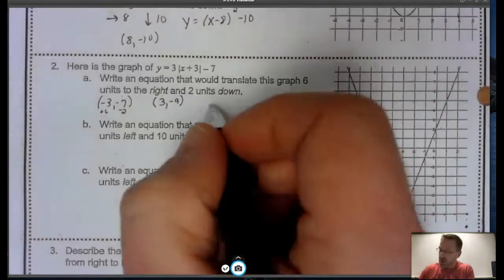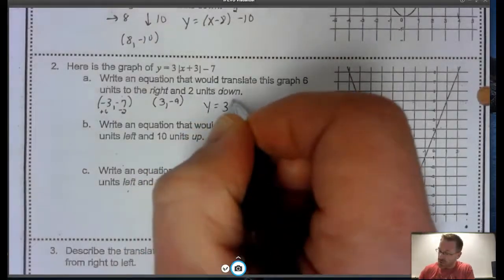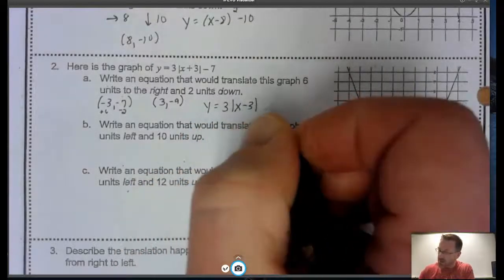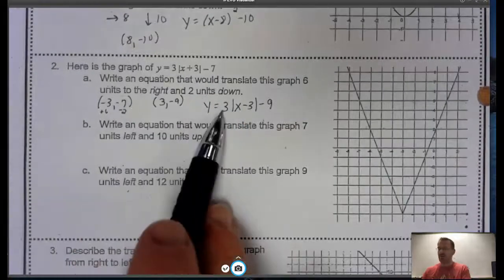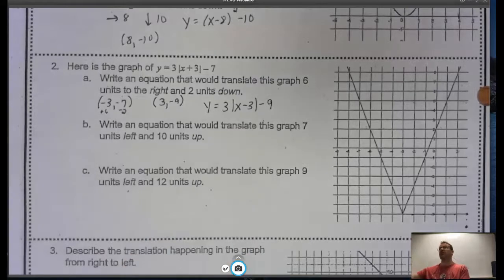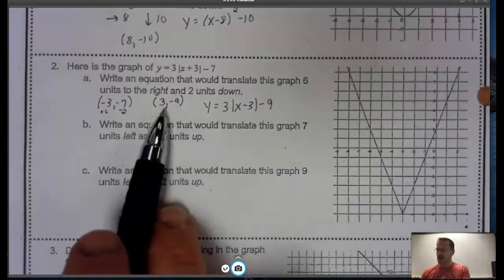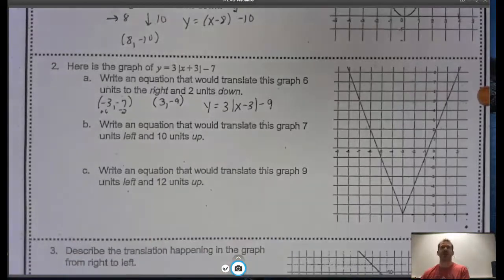Now I can just input that into my equation, because the a value is going to stay the same because we haven't done anything. We're going to get to dilations and reflections in the next couple lessons. And then I can just input my new vertex in just like that. Okay, so now pause the video and do part B.